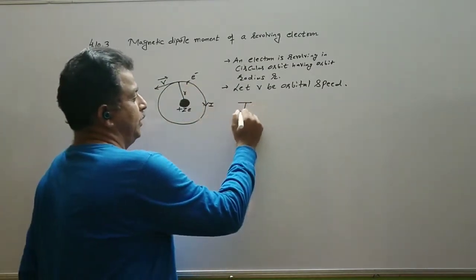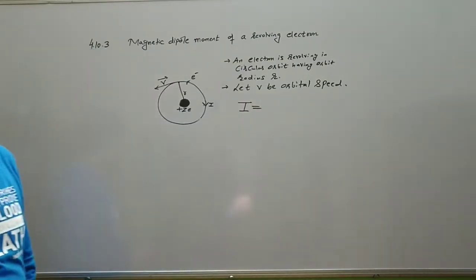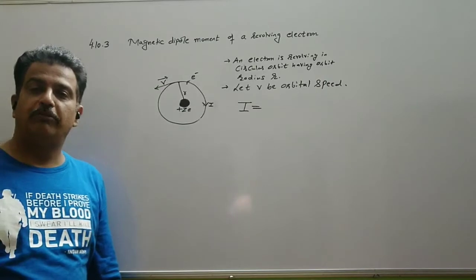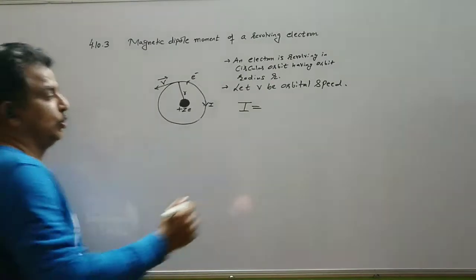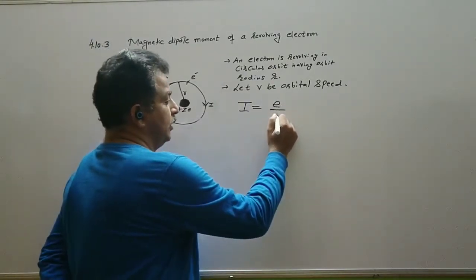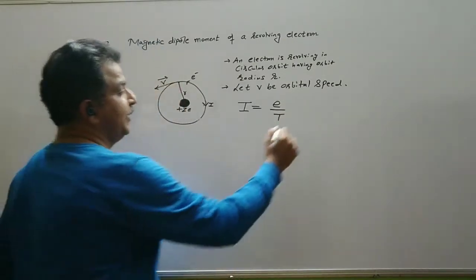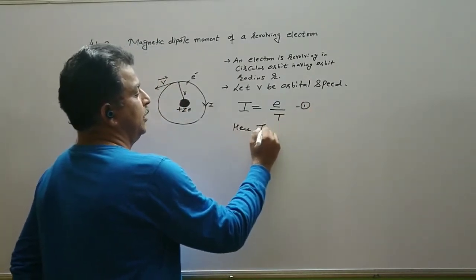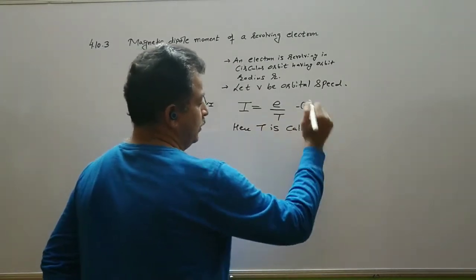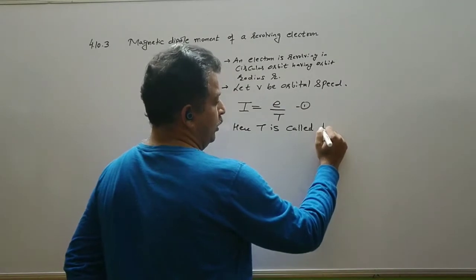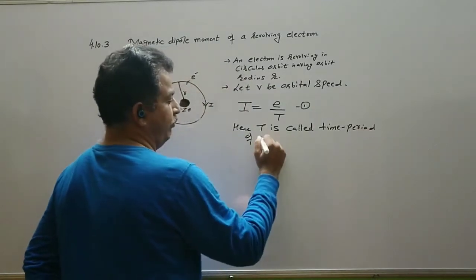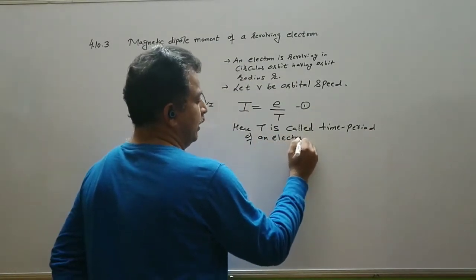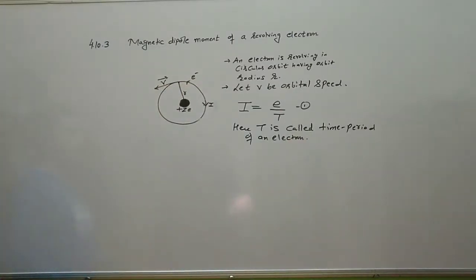Now let us apply the formula for a current. So current is equal to Q by T. In place of Q we write Ne by T. We have taken one electron, so the formula becomes e upon capital T, where capital T is called the period of revolution or time period of an electron, and we know that time period is defined as the time taken by an electron or body for a complete revolution.